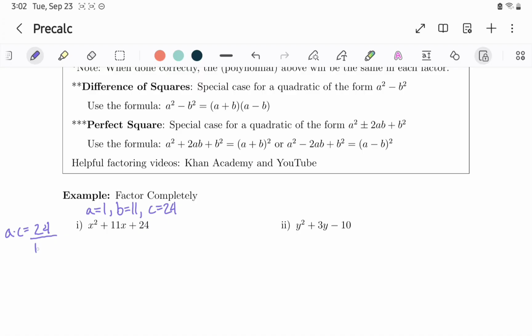And so we can just run through the list. This isn't necessary to do. If you can realize which two factors of 24 add to 11 right away, then you can skip doing this. But we could say, okay, 1 times 24, 2 times 12, 3 times 8, 4 times 6. And that would be all the factorizations we could look at where both factors are positive.